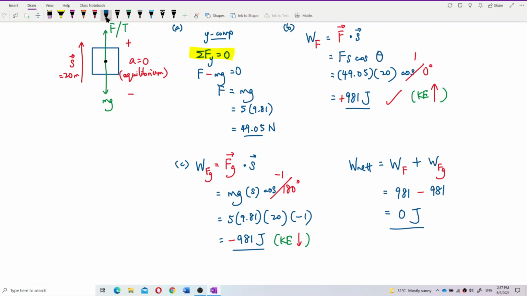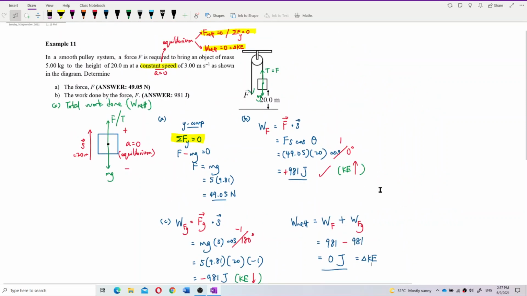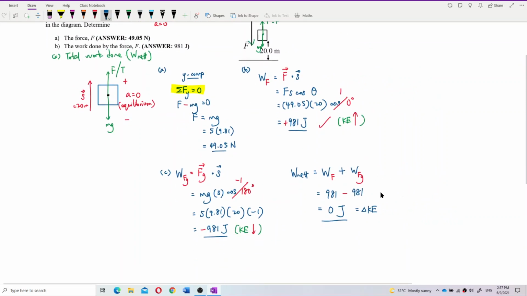So the net work done is the change in kinetic energy, also equal to 0. This is about the work energy theorem. In a later subtopic you will learn the work energy theorem, not yet. Let me write it down.